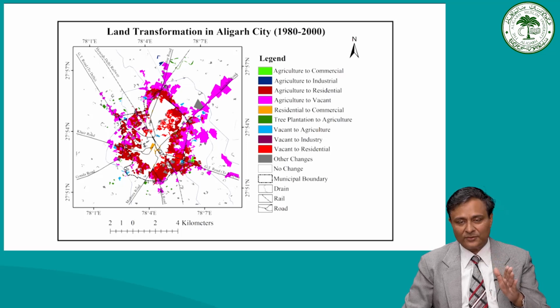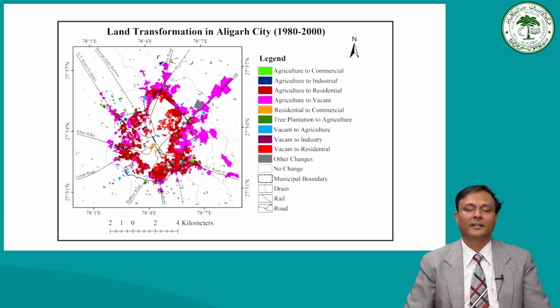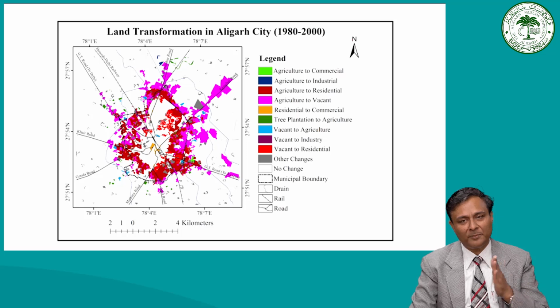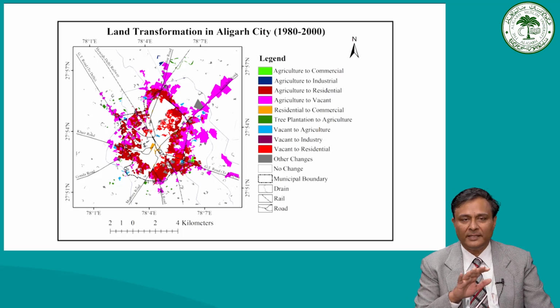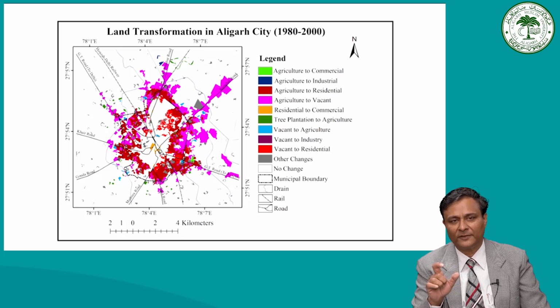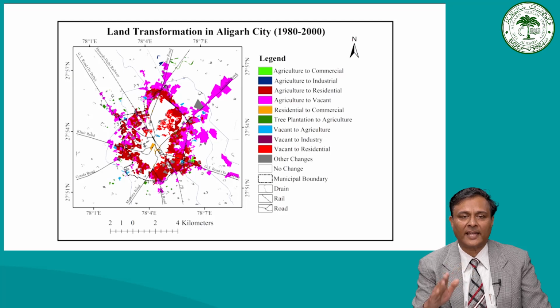Since we are using three time period data, we will have two sets of transformation or change detection. One between the initial period and mid period, in this case 1980 and 2000. You see, within this period of 1980 to 2000, there are some areas where changes have happened.